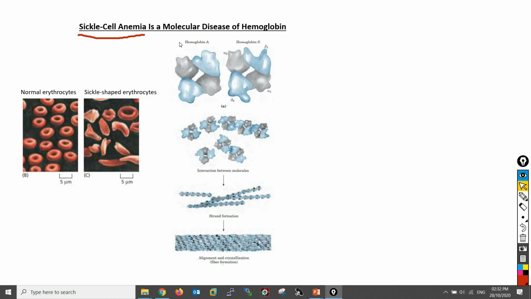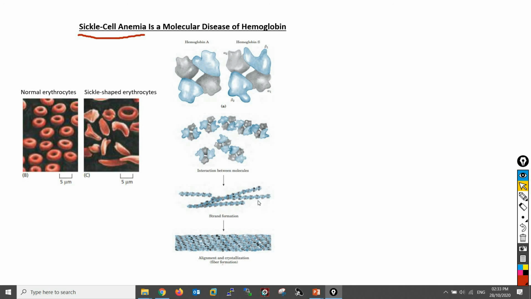The hemoglobin from normal erythrocytes is represented by hemoglobin A, whereas the hemoglobin from sickle-shaped erythrocytes is represented as hemoglobin S. When hemoglobin from sickle cells is deoxygenated, it becomes insoluble and forms polymers that aggregate into tubular fibers.